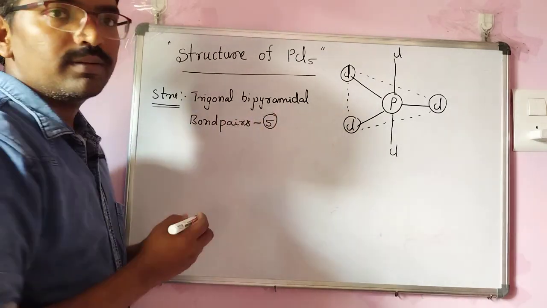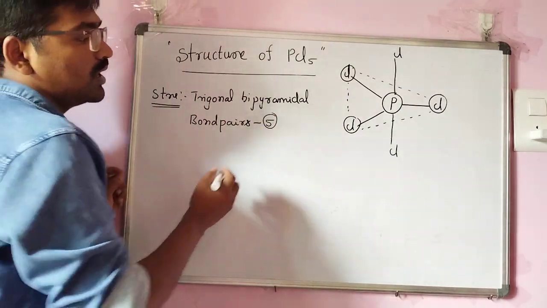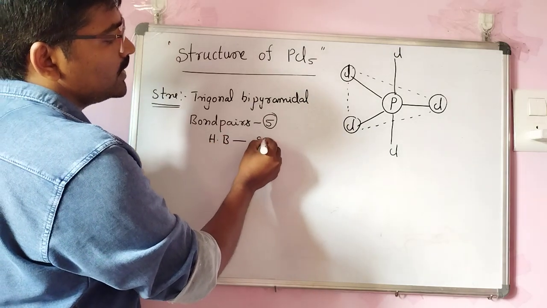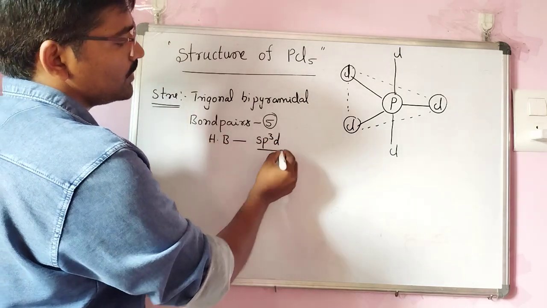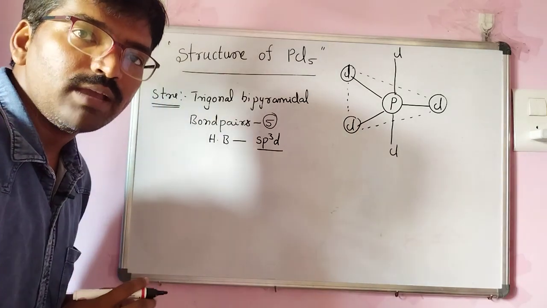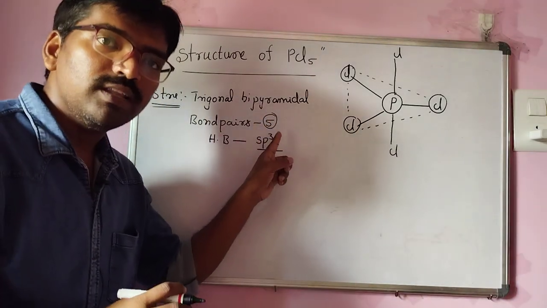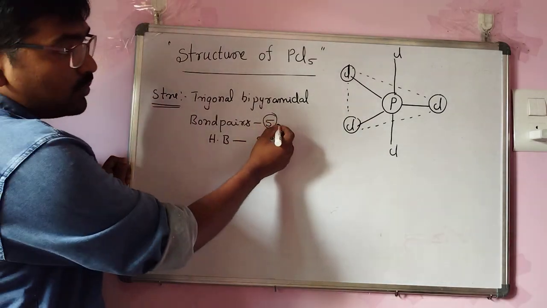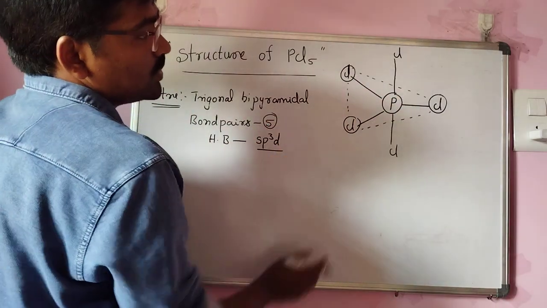So if you talk about hybridization, that is sp3d hybridization, with a total of 5 bond pairs.